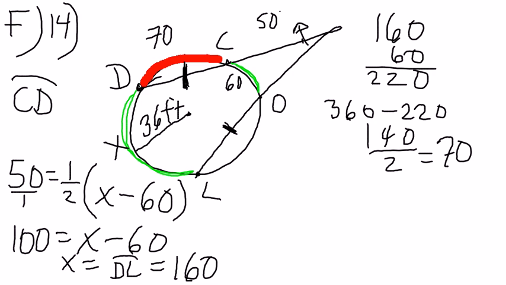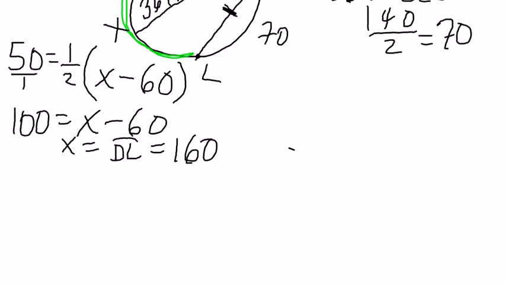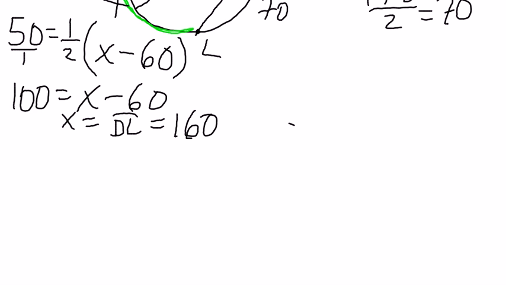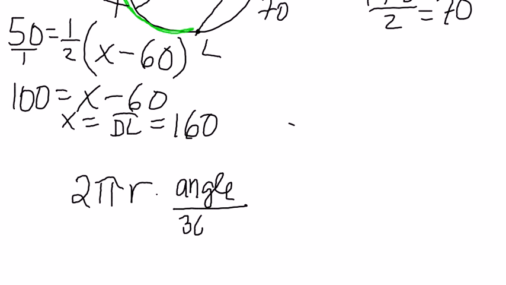So right now I have the arc in degrees, 70, but they want to know the arc length. So now I need to use the arc length formula. I'm going to take 2 times pi times r, times the angle divided by 360.